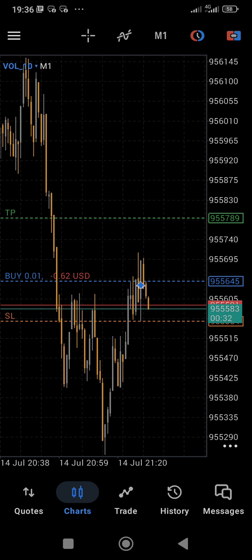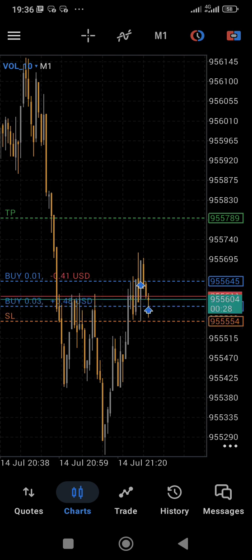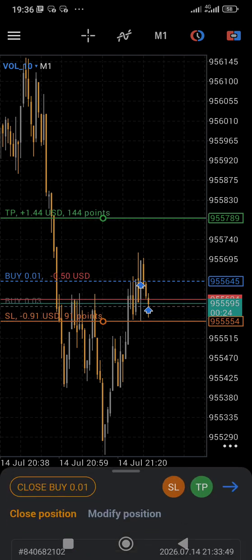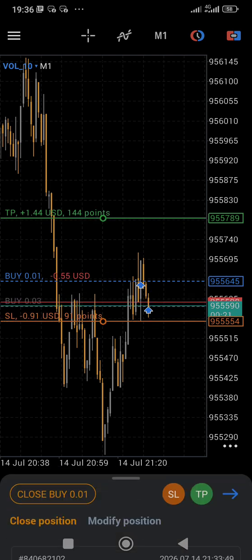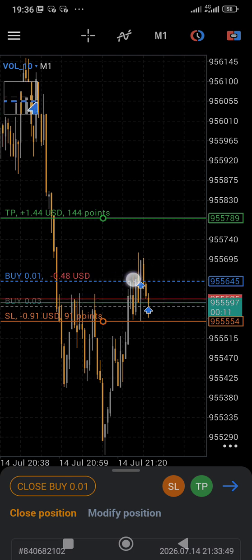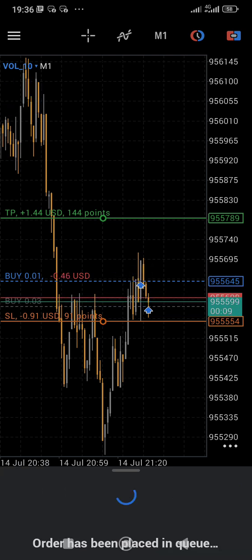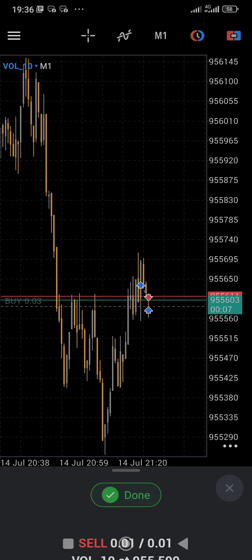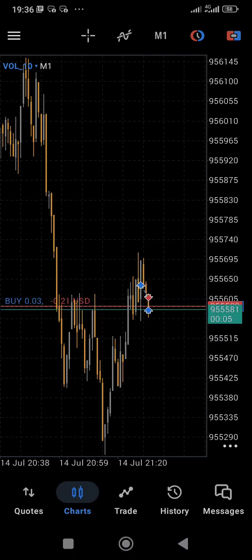If I would like to close the trade, I can go straight to this position at the level where I opened it, and the pop-up is going to show me close buy. If I close that first position I opened, it's going to be off with a loss, but not up to the stop loss I placed initially.